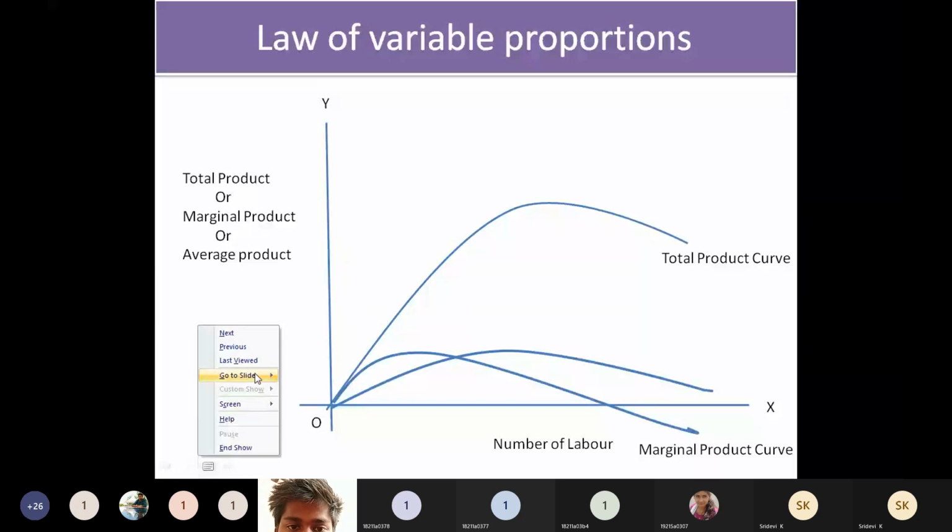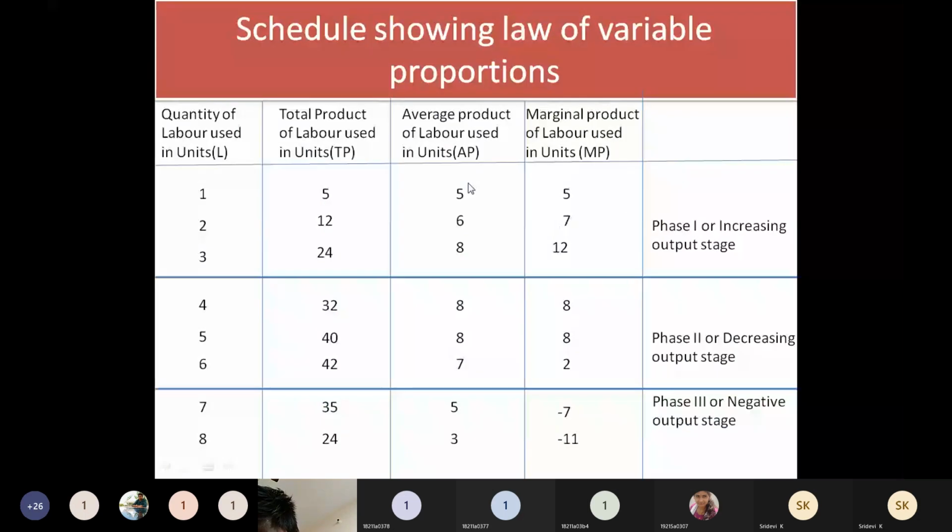Let us see the values. When you come here, at 8 it is touching the marginal product. Both are equal, marginal product and average product. When both are equal, they will intersect each other. When it is increasing, compare here: 5, 6, 8 is less than 5, 7, 12.